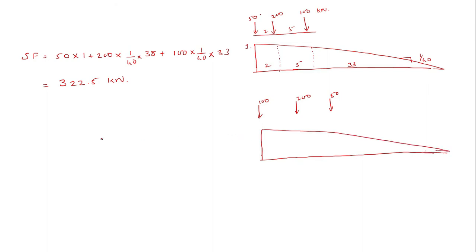If you find the corresponding value in such a case, you get 100 into 1 plus 200, as this distance is 5 meters, 2 meters, so 200 into 35 by 40 plus 50 into 33 by 40. So this corresponding value will give me 316.25 kilonewton.